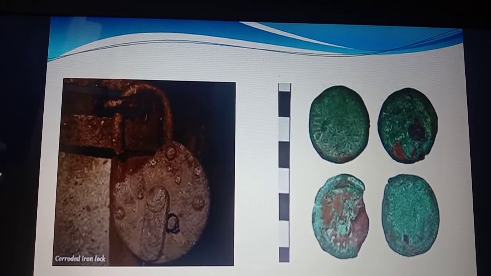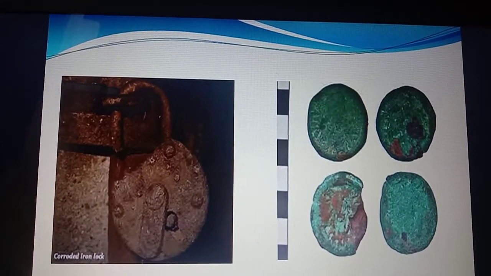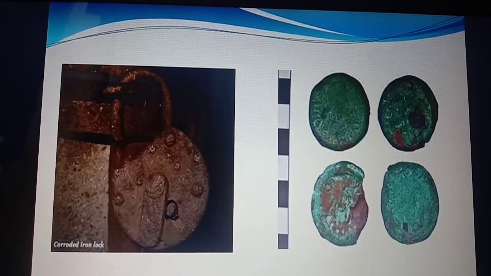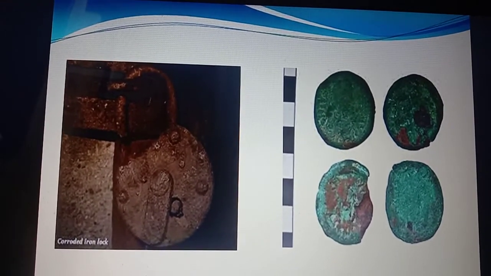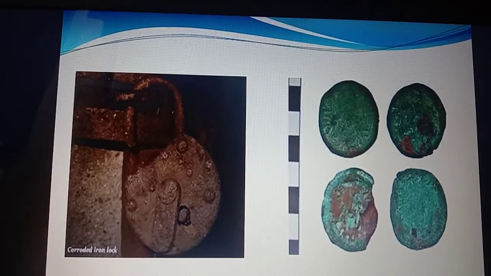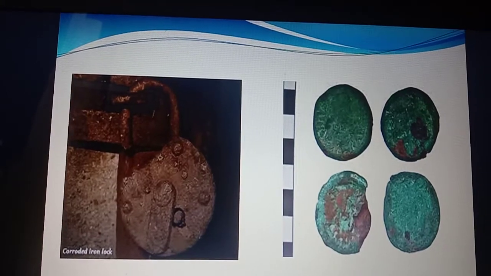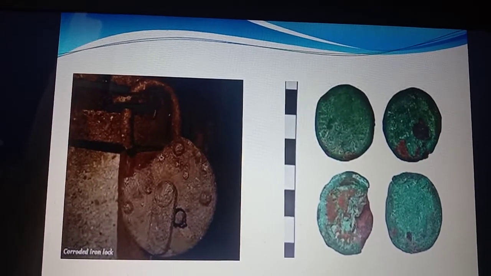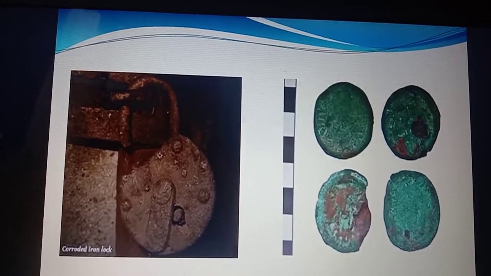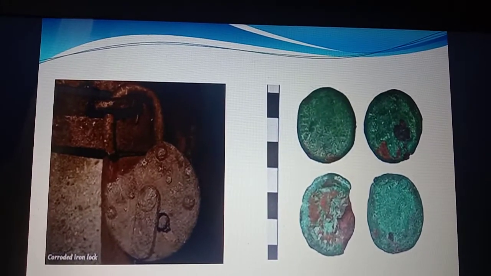So this dull green coating develops when copper metal corrodes or when copper reacts with the atmospheric gases like carbon dioxide, water and the moisture in air, and it produces basic copper carbonate, and this basic copper carbonate is this green layer on the copper metal that you see here.